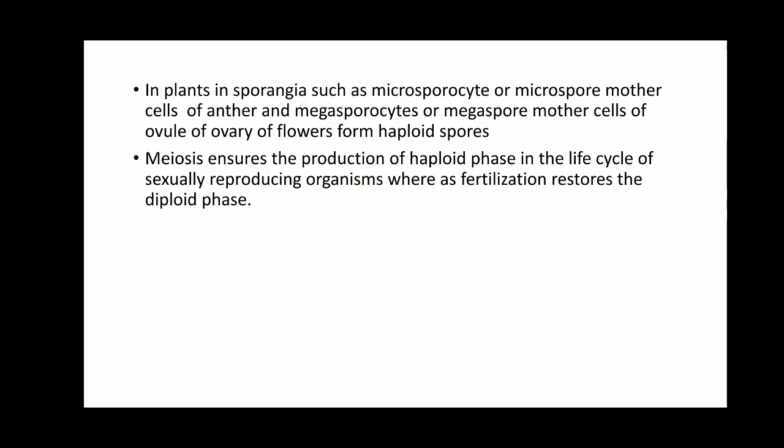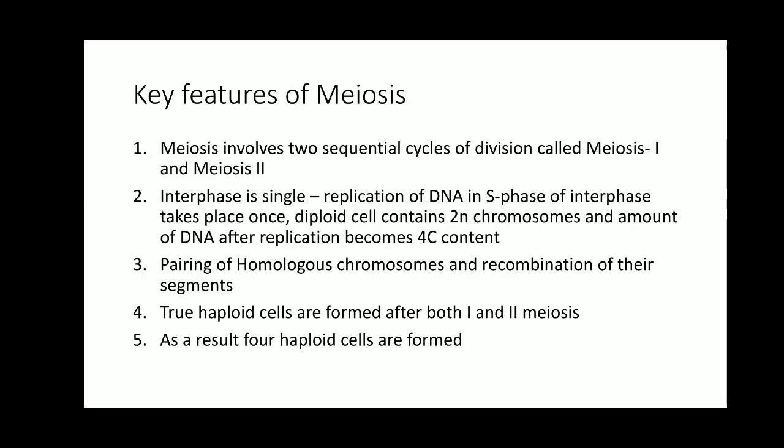So meiosis ensures the production of the haploid phase in the life cycle of sexually reproducing organisms, whereas fertilization restores the diploid phase. Clear?